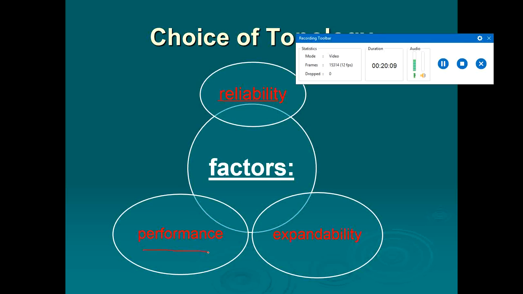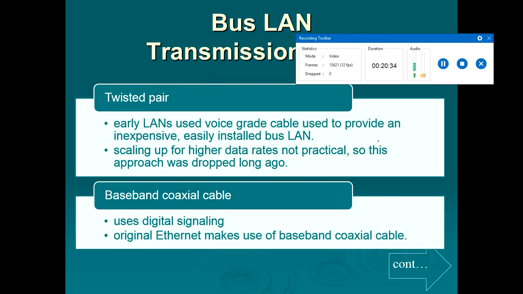Second is performance, how well it will perform under given conditions. And expandability. Suppose at present I have only 10 users or 10 systems. Later in the future, if more systems need to be attached, how easily can I expand my topology? These are the factors considered while choosing a particular topology.